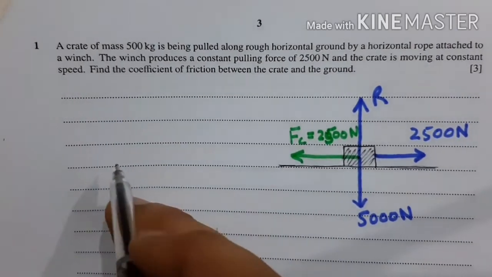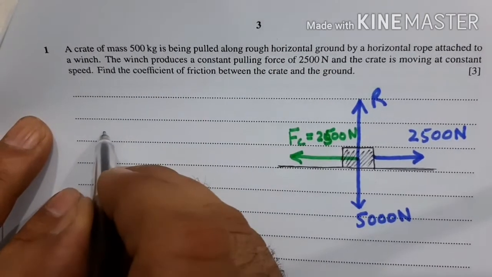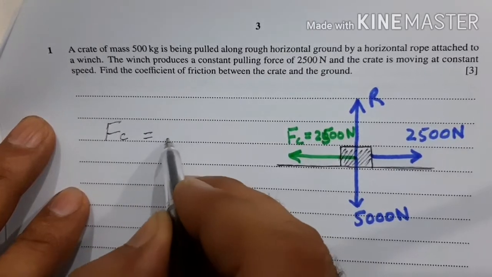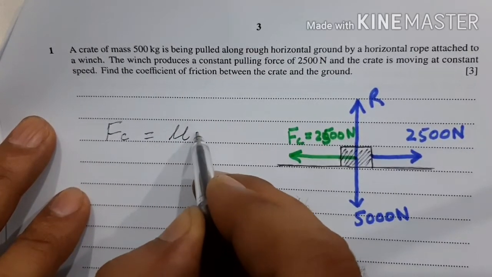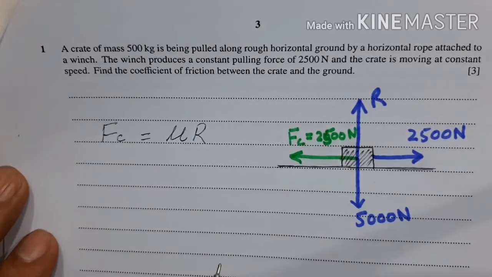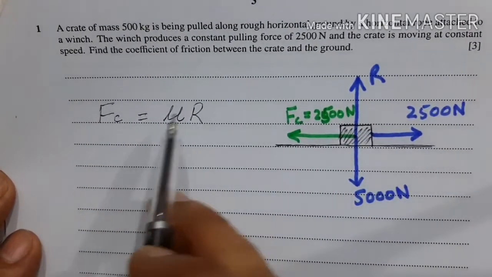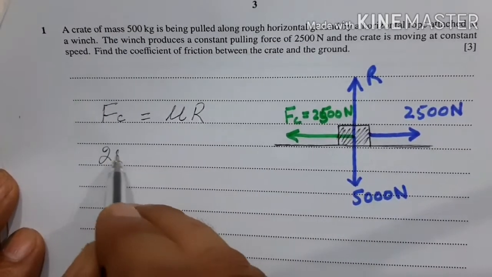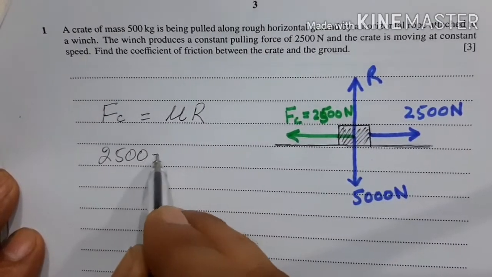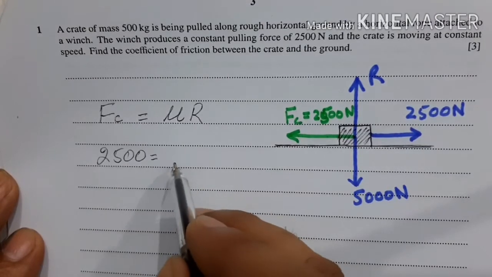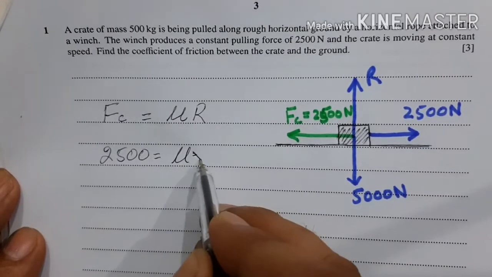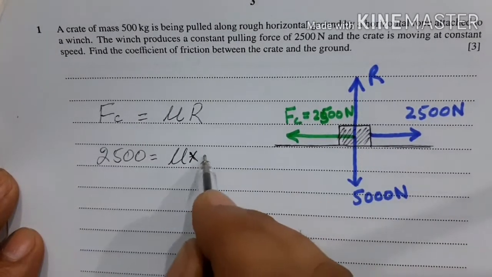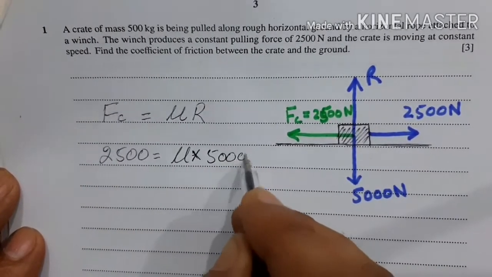Now, we know that frictional force is equal to mu R, F is equal to mu R. So the frictional force is also 2500 newtons. By putting the values, mu we need to find, and R is equal to 5000 newtons.